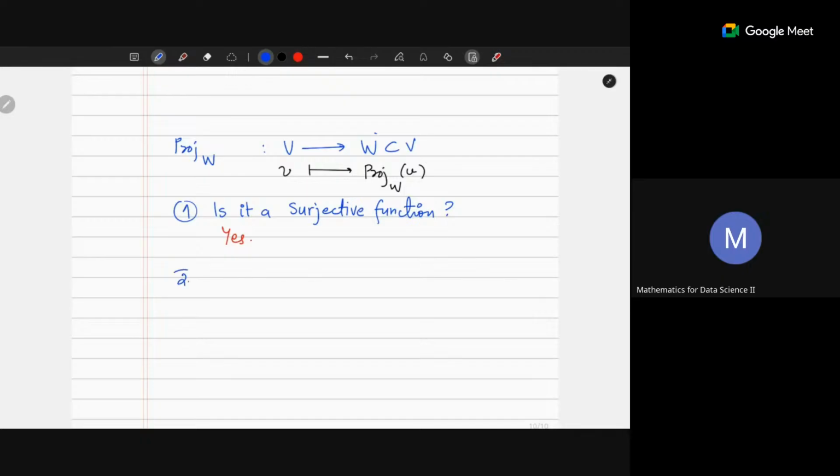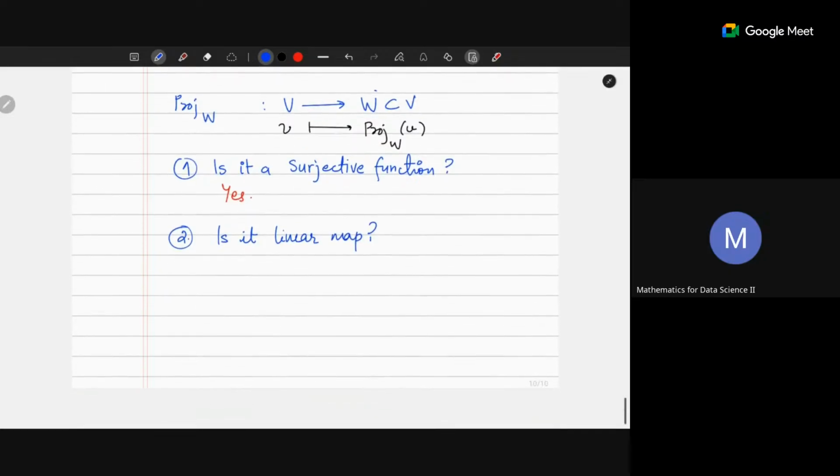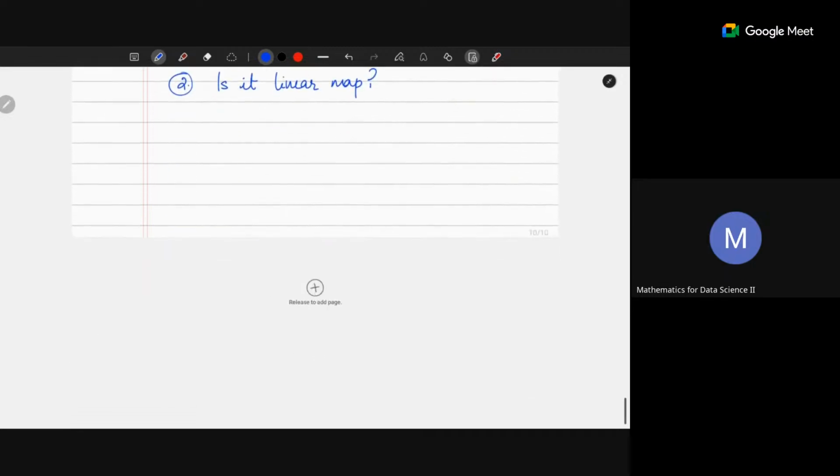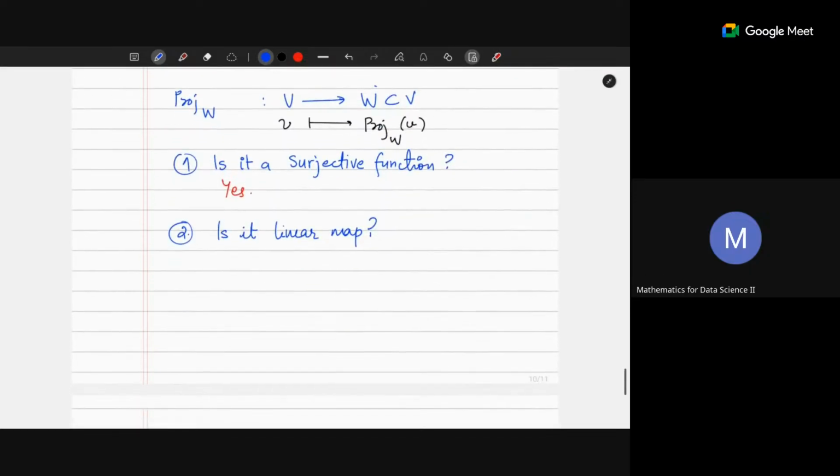Now, second point, is it a linear map? So for linearity, we need to check what?